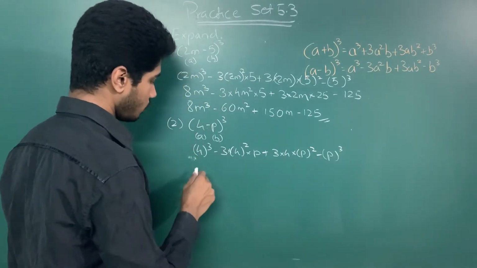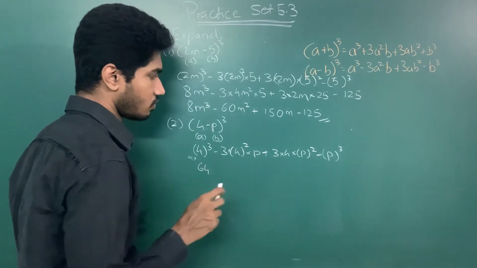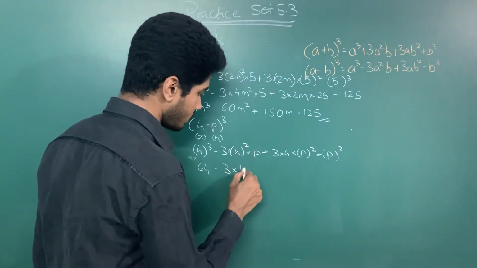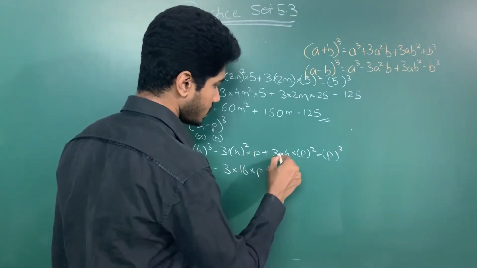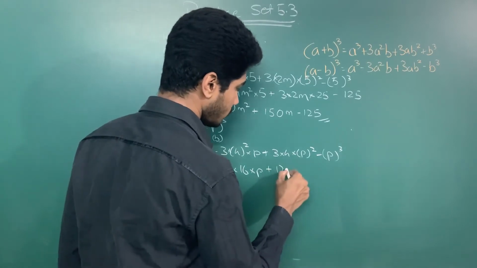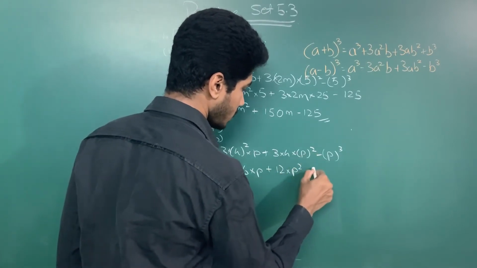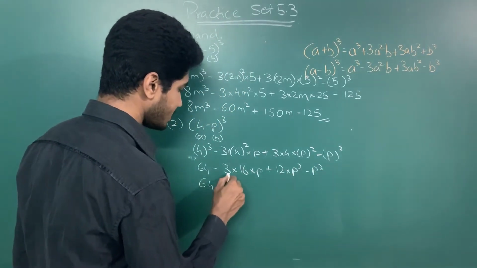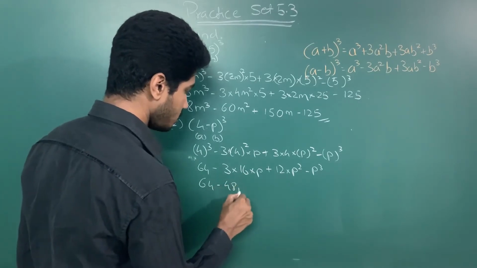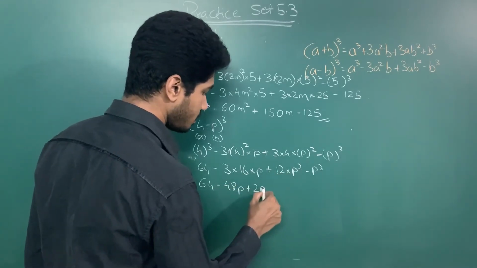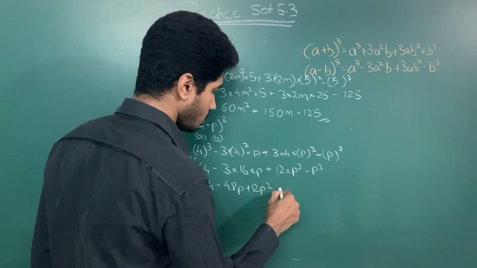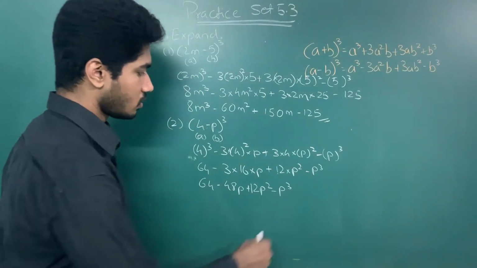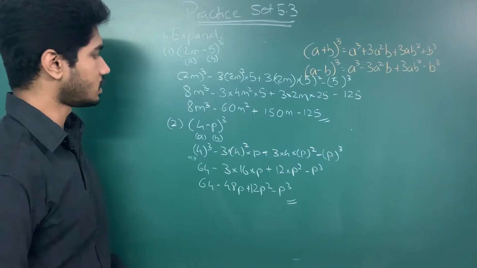Now 4 का cube will be 64, that is 4 into 4 is 16 and 16 into 4 is 64, minus 3 into 4 square will be 48p, plus 3 into 4 will be 12 into p square, minus p cube. Now the middle term we multiply. 64 minus 48p plus 12p square minus p cube. Just make sure that this is 12p square. So this becomes your final answer.